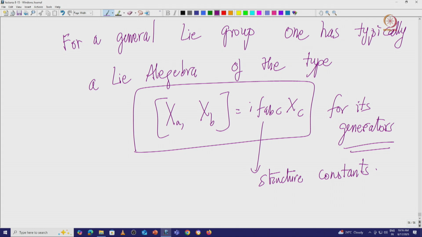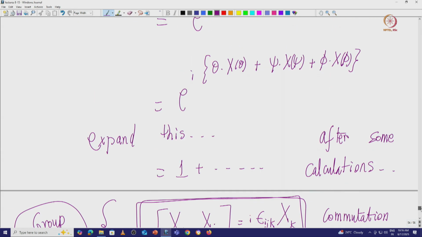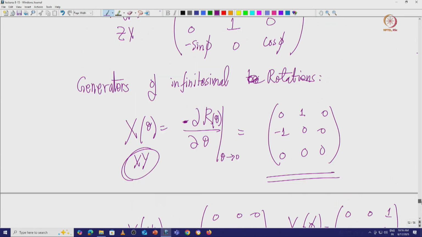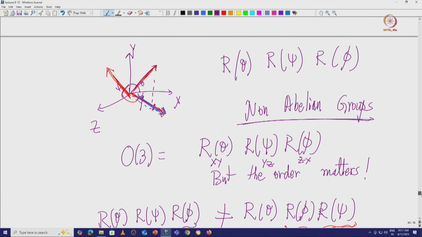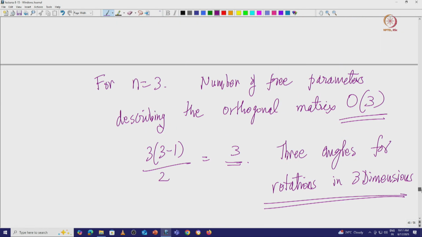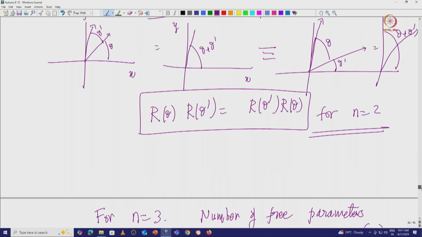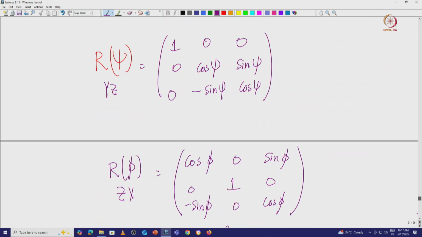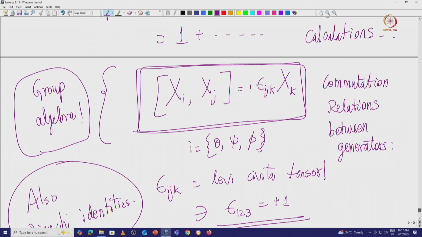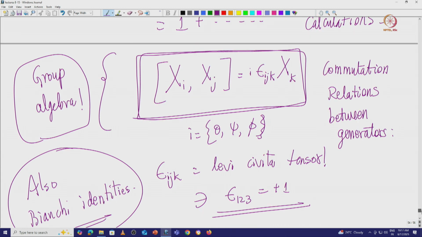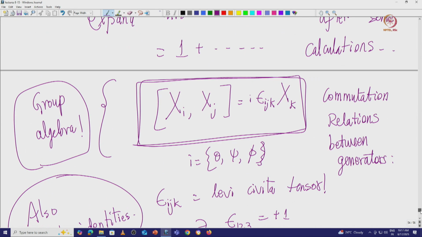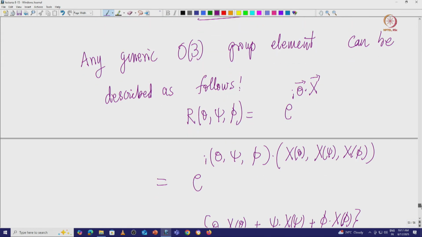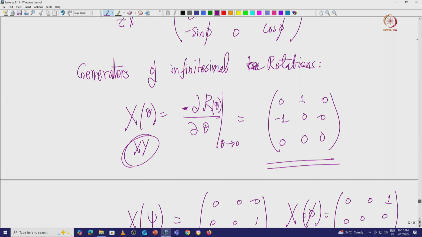Okay, good. So we covered n is equal to 3. This is important because the first part is that the SO(3) rotations form a Lie group, and these are its generators, and the generators satisfy these commutation relations. Another thing I mentioned is that these angles theta, psi and phi are compact.